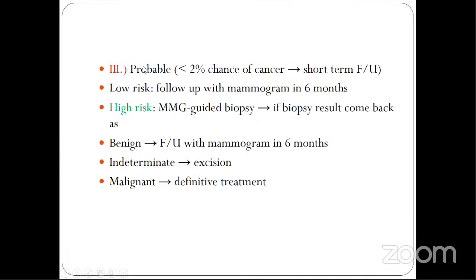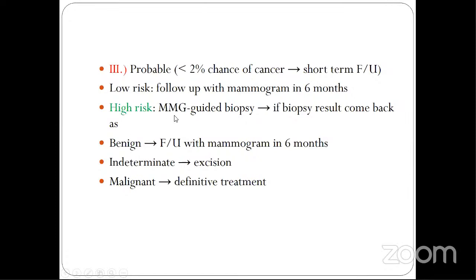The most important here is 3. 3 is probably benign. Okay, so we have low risk and high risk. Low risk and high risk will go in the next slide, the high risk population and the low risk population.